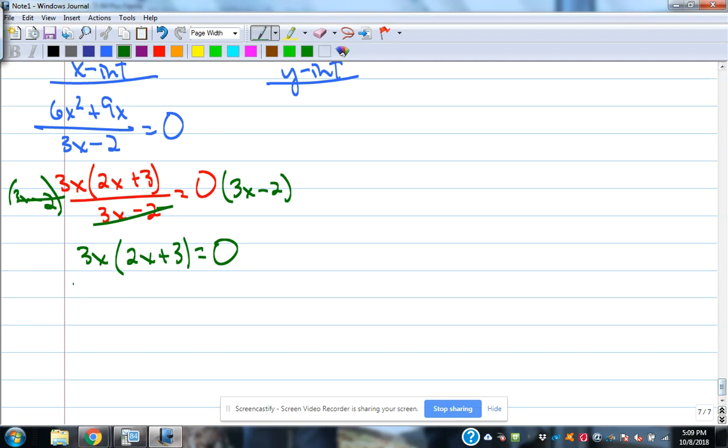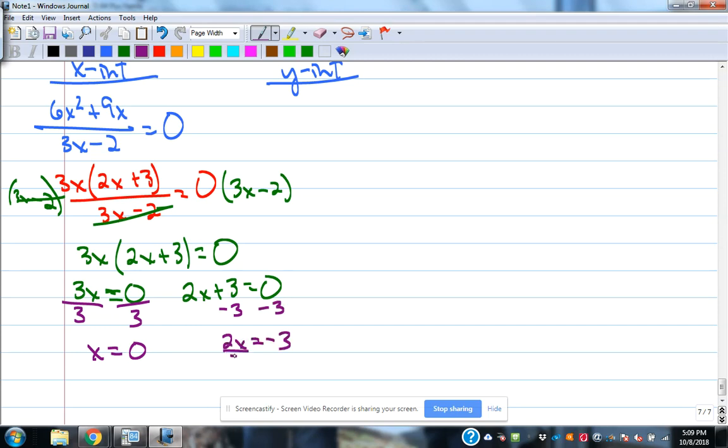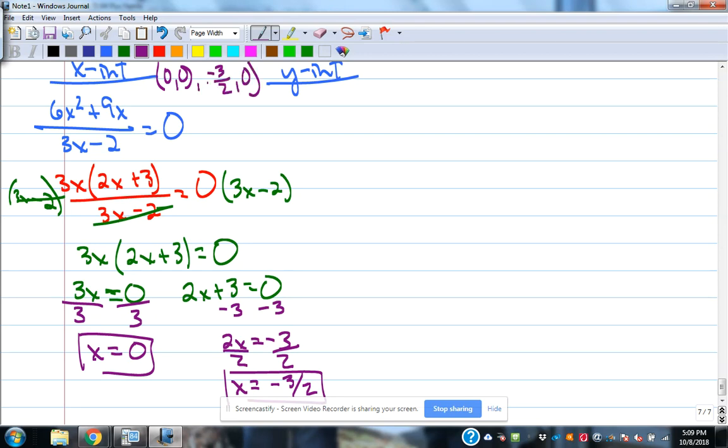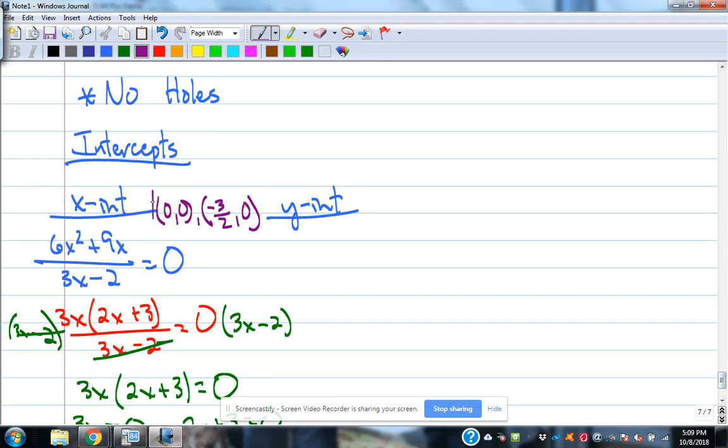So I set each of those factors equal to 0. Divide by 3. X is equal to 0. Subtract 3. 2x equals negative 3. Divide by 2. Negative 3 over 2. I have two x-intercepts. I have an x-intercept at 0, 0, and at negative 3 over 2, 0. Two x-intercepts for this graph.